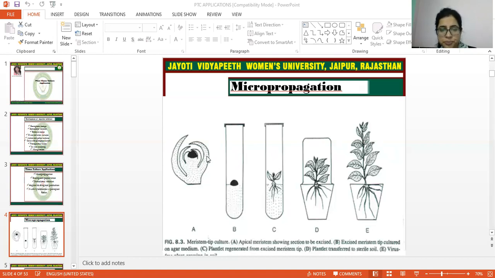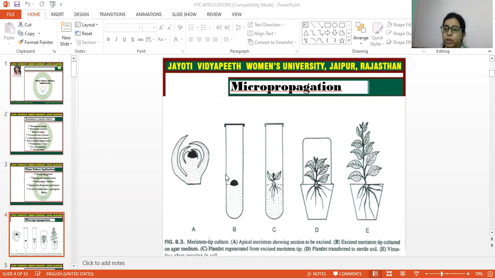We cut the region, excise it and go for the sterilization process, then prepare the suitable nutrient media for shoot induction, and inoculate this apical meristem into the media. After shoot induction, we change the media for root culture. Here is the difference by hormone combination: if you are preparing media for shoot induction, the cytokinin concentration will be higher, for example BAP will be added.